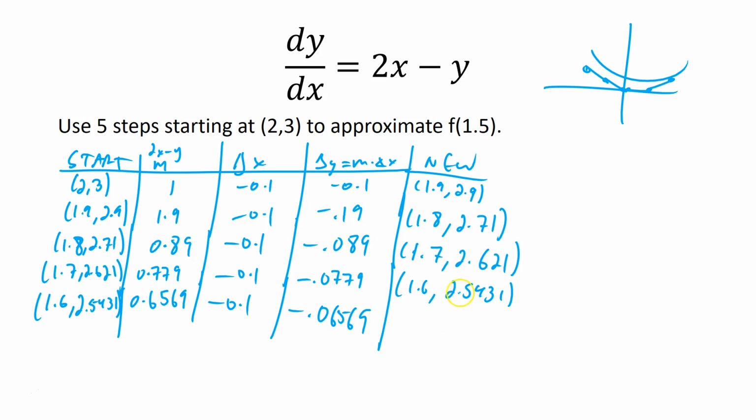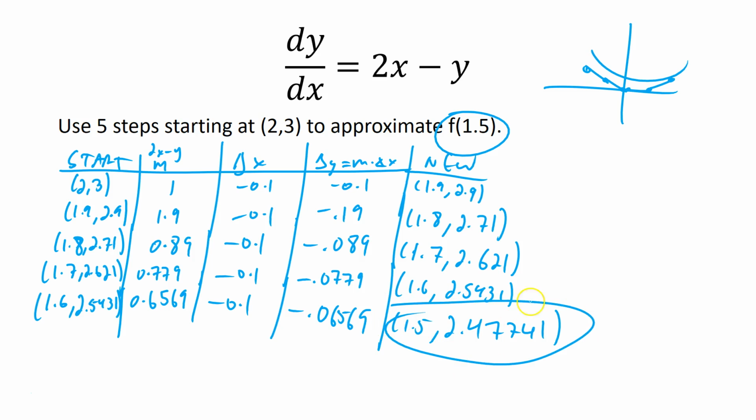And our new point is going to be 1.5. Finally, we got there. And then we have 2.6641 minus 0.05359 gives us 2.61051. Remember, you need 3 decimal places, but this is exact. So that is our approximation for f of 1.5.